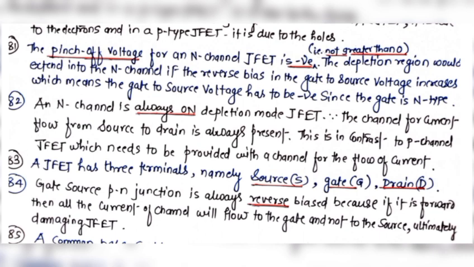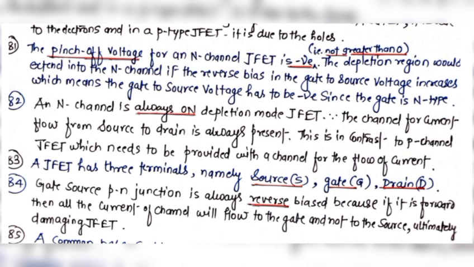Since the channel for current flow from source to drain is always present, this is in contrast to a P-channel JFET, which needs to be provided with a channel for the flow of current.